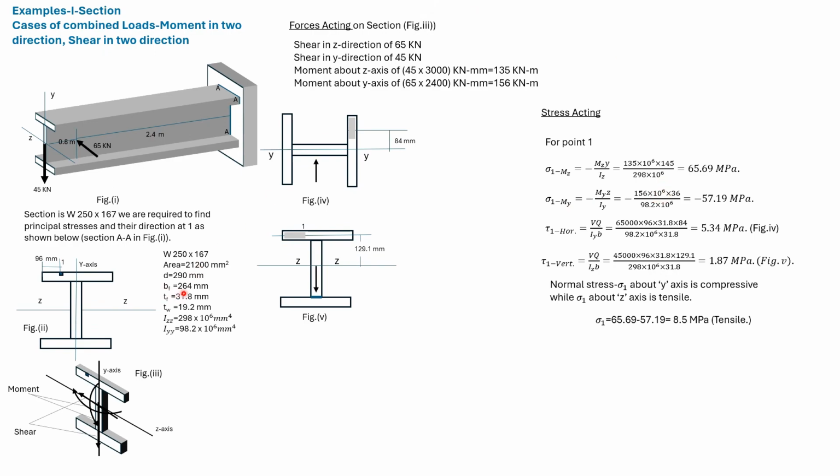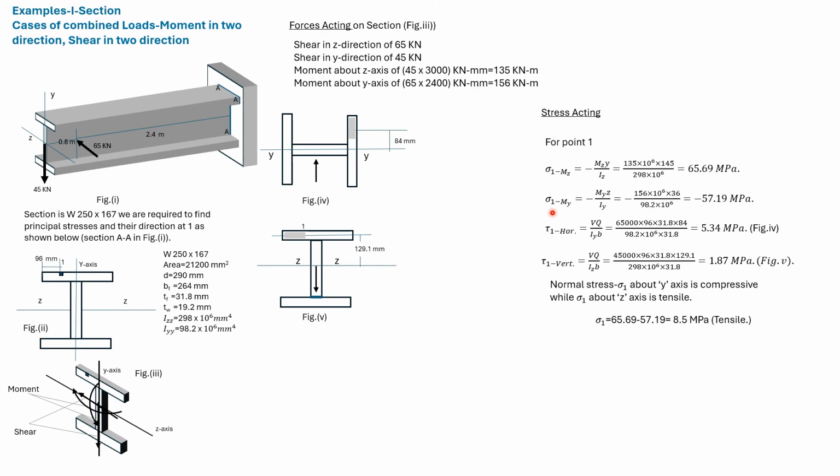Now BF, which is the length of this flange, is 264, so half of it is 132. So 132 minus 96, so this is 36. So for Z here we have used 36. IY is substituted here.